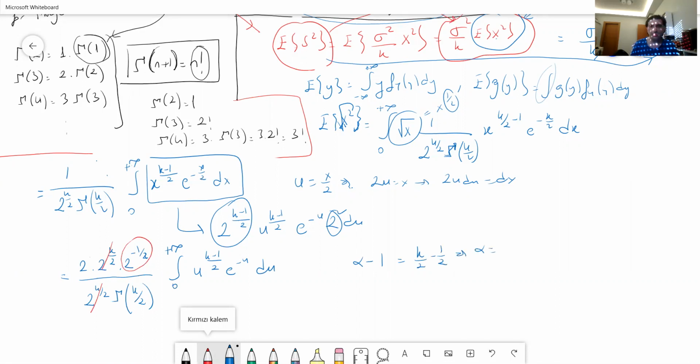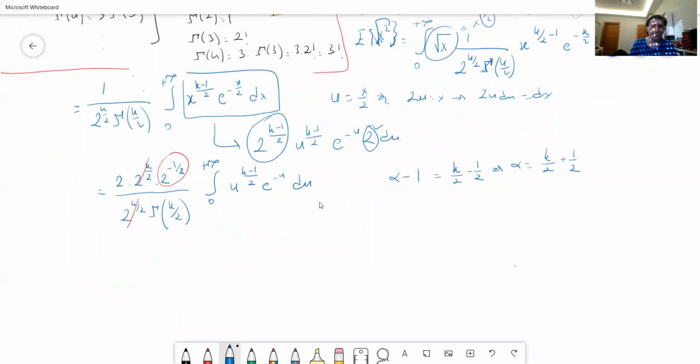So alpha is going to be equal to k over 2 plus 1 over 2. Therefore, this integral is going to be equal to gamma function of k over 2 plus 1 over 2. And by the way, 2 times 1 is going to be simply equal to 2 times 1 over 2.